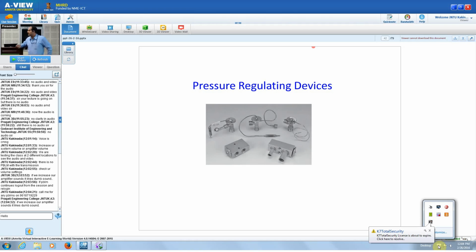What is the difference between orifice and mouthpiece? Generally, in fluid mechanics and hydraulics, when it is projected, then it is an orifice. When it is not projected, through this also you can discharge, it is a mouthpiece. There is no extension.